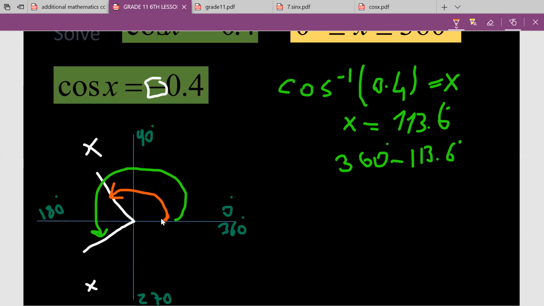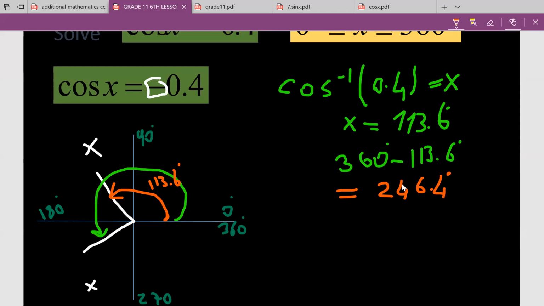Our angle is 113.6. To find the green one, what is our full rotation? 360. So when I subtract from 360 degrees, the answer will be 246.4 degrees. This is one way to find it.